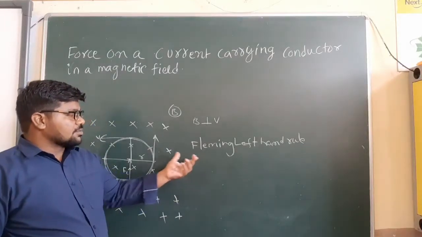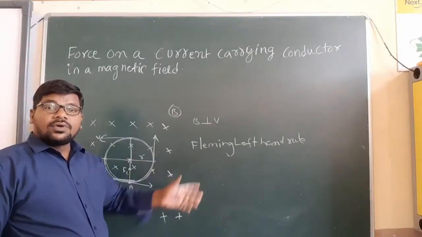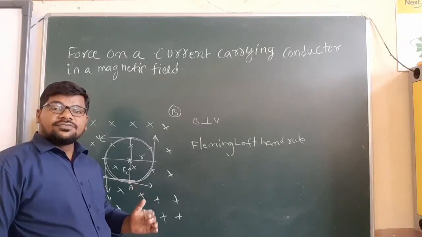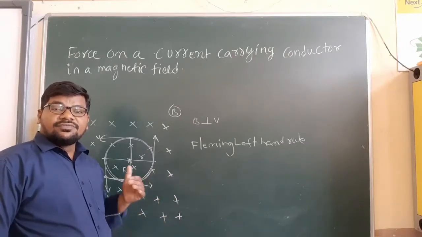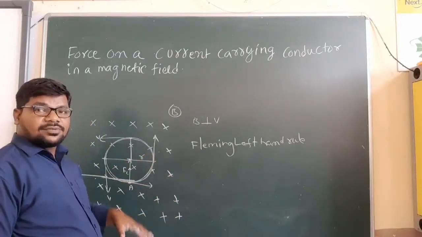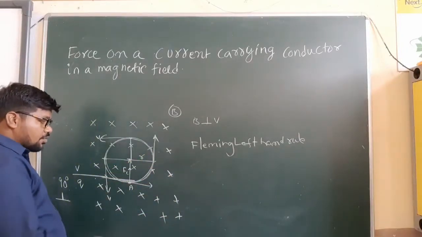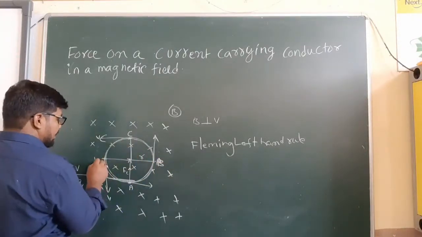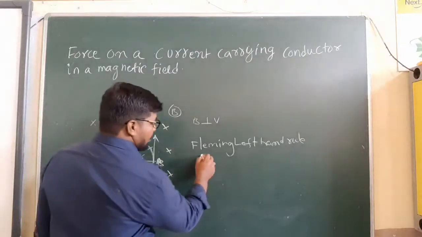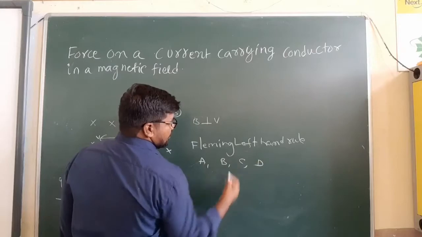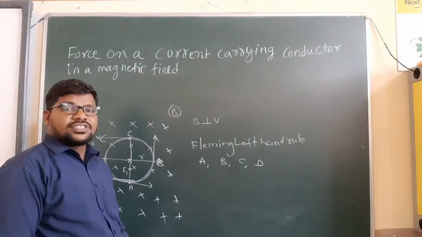By using Fleming's left hand rule. We find the force, in which direction it acts, the force that makes the charged particle move in a circular path. So we apply Fleming's left hand rule to see in which direction the force is applied.